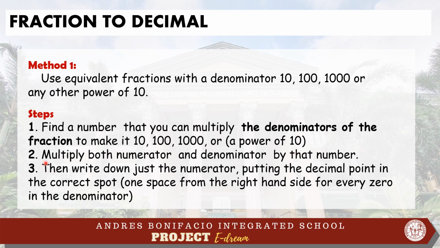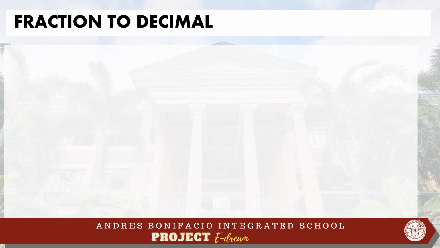In the second step, kung ano yung number na nahanap natin doon sa step 1, we are going to multiply that number on both numerator and denominator. Step 3, write down just the numerator by putting the decimal point in the correct spot, one space from the right-hand side for every 0 in the denominator.